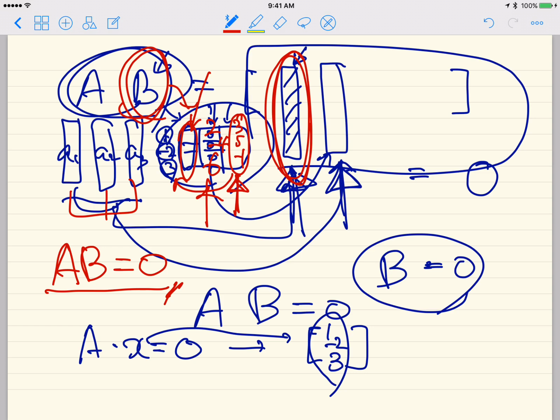There is no other choice, right? In that case, B will be completely 0. So in order to make B non-zero, the columns of A should be linearly dependent.